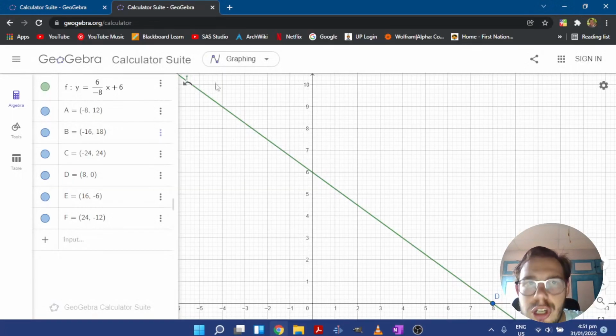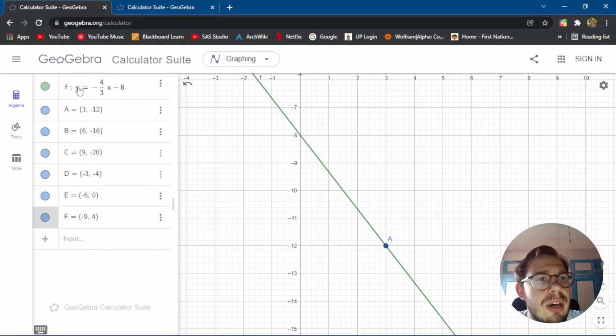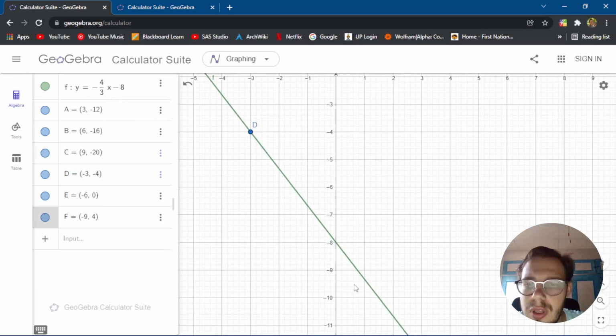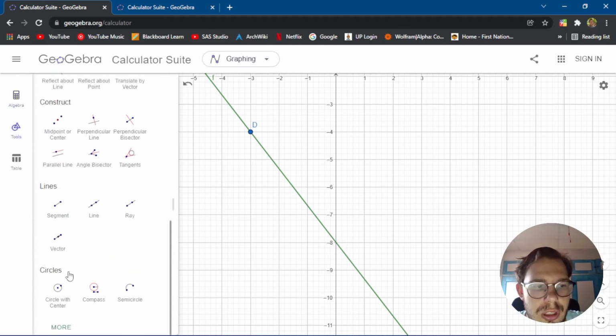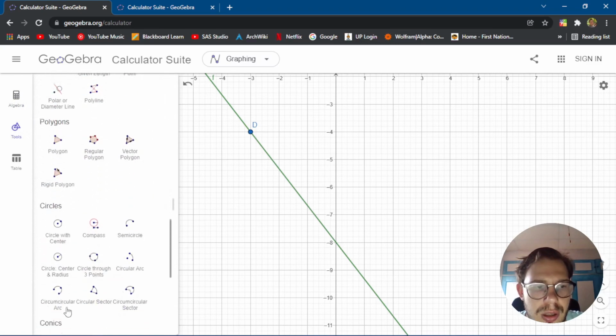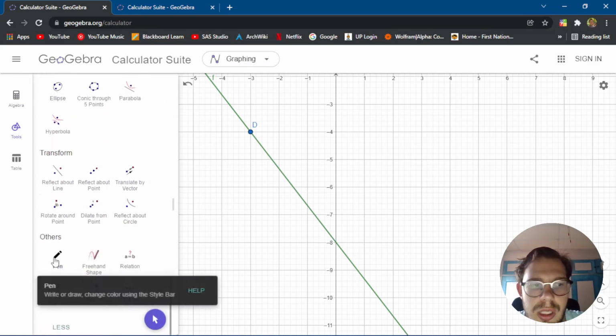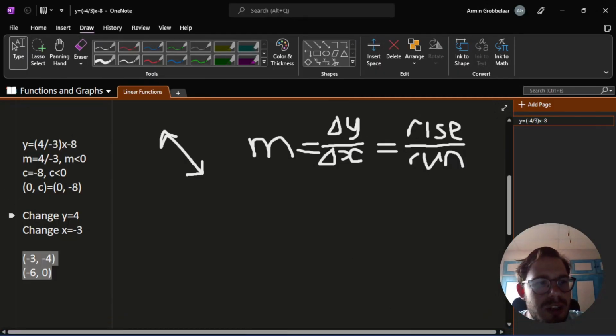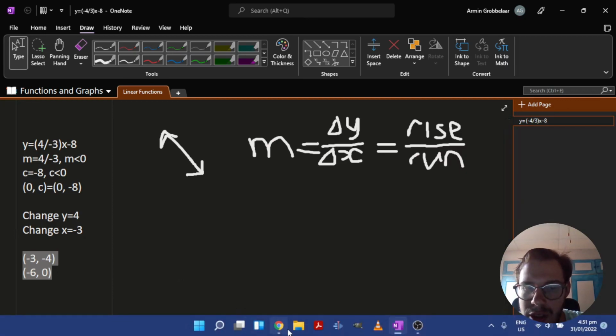So here in GeoGebra, you can see we have the function y is equal to minus 4 divided by 3x minus 8. So you can see here we have the point 0, minus 8. I'm just going to get a pen. So here you can see, our change in y is 4 and our change in x is minus 3.